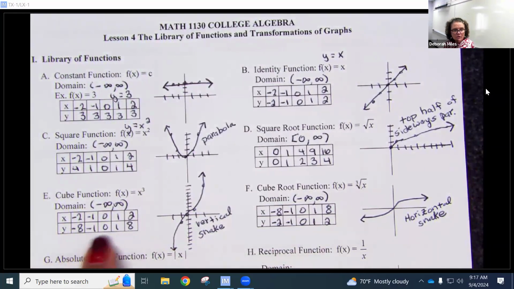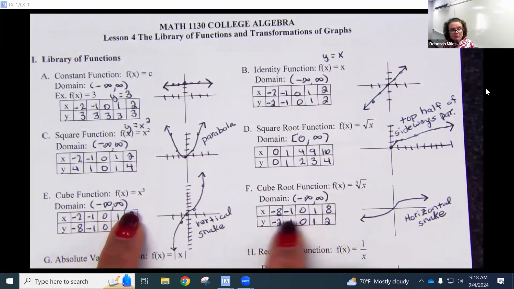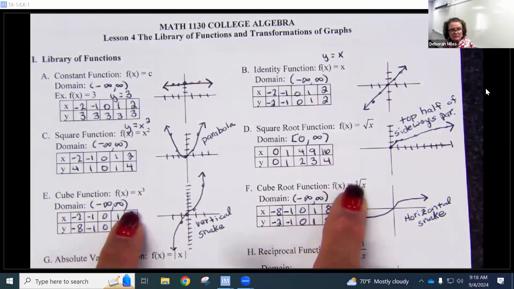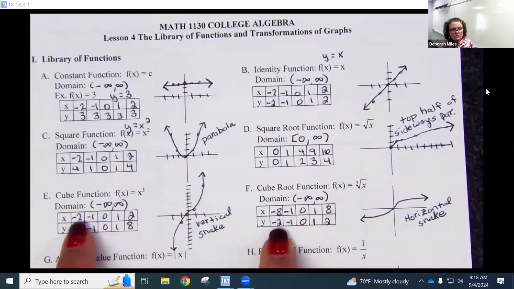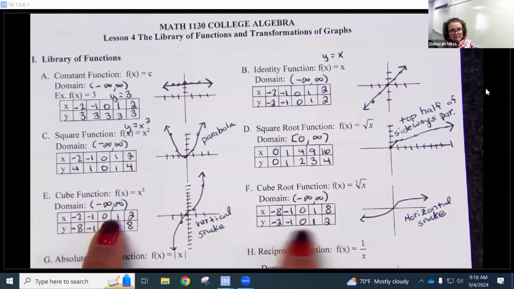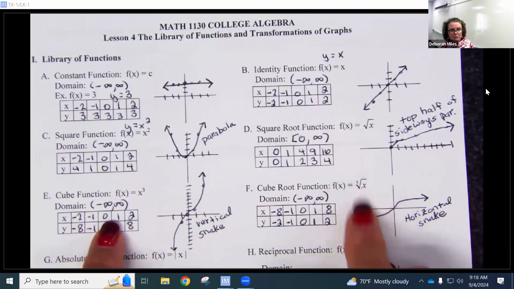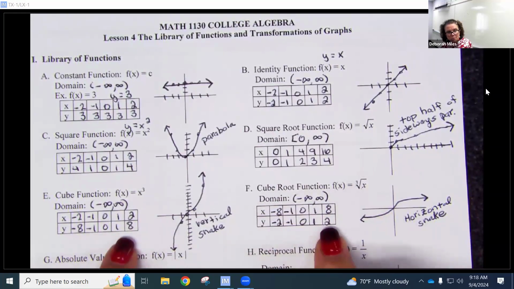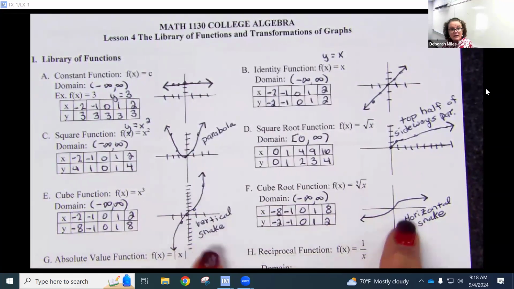The y values on our table for x cubed are my x values on my table for cube root of x. And my x values for x cubed are my y values for cube root of x. All the ordered pairs are reversed, and that's what causes the graph to be flipped sideways.